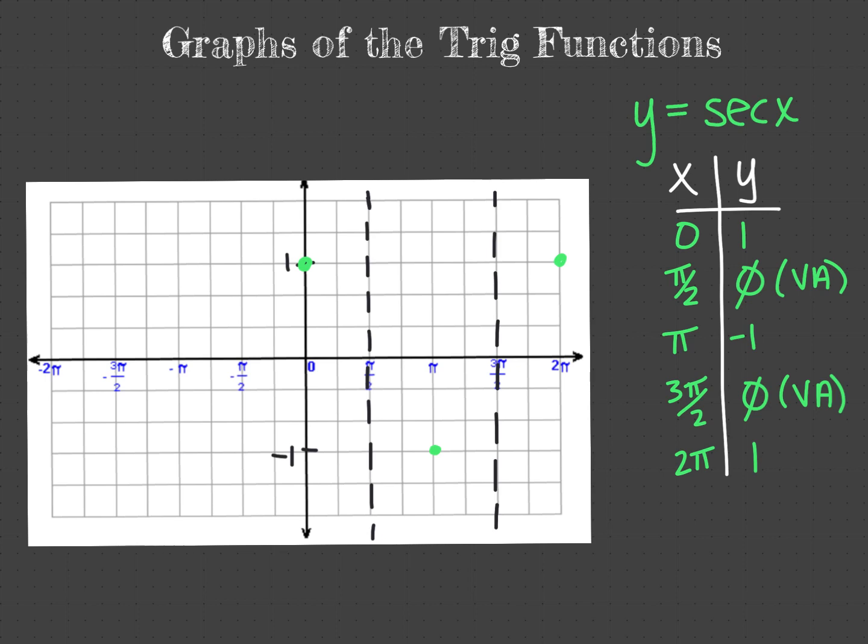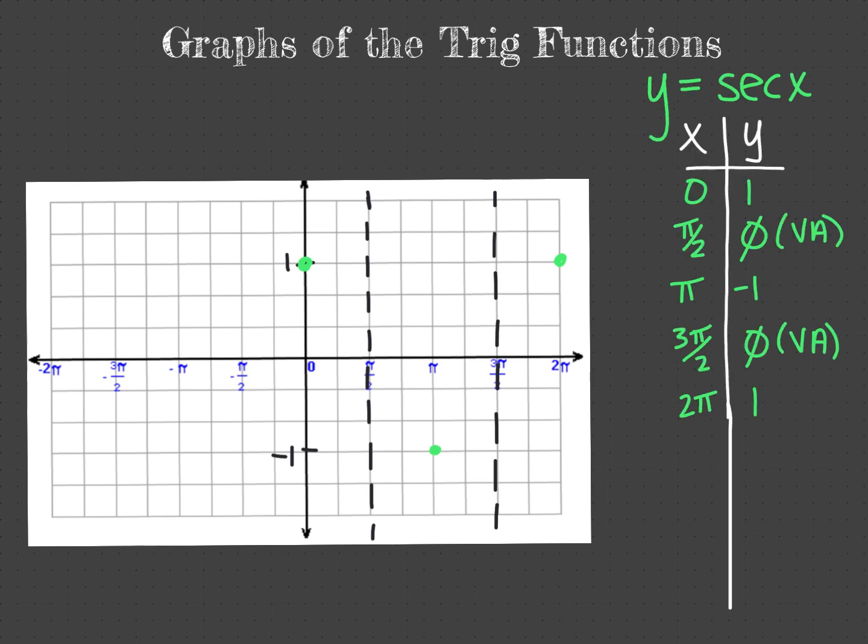Well, how can we figure out what the rest of this graph looks like? It's not just 3 coordinate points. One option is to plug in some other values. So those other values would be right here as pi over 4, 3 pi over 4, basically the pi over 4 family. Let's try that with secant. So at pi over 4, our secant is the reciprocal of cosine.